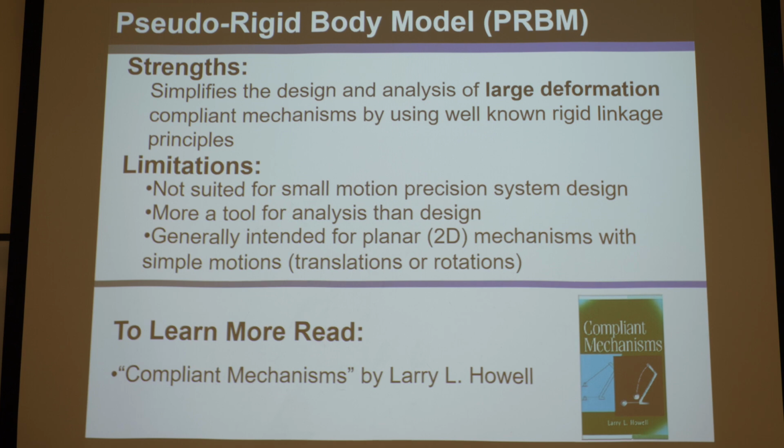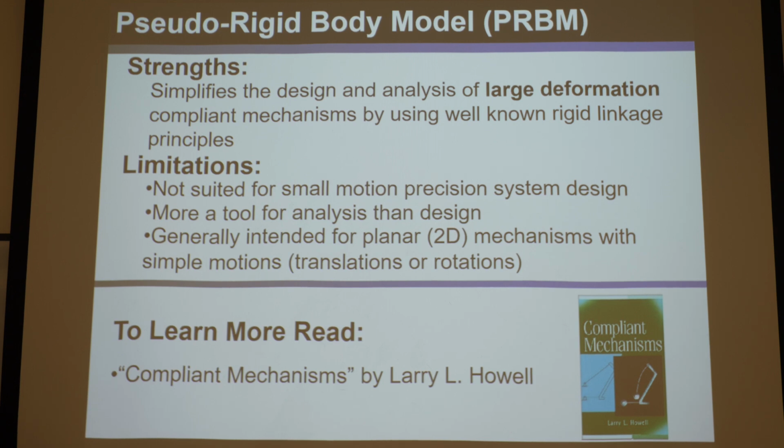Okay. The other thing is the designs, of course, that are generated by pseudo-rigid body model look like linkages with just compliant joints replaced in the traditional rigid mechanisms, right? So you can tell when something's been designed by topology optimization because it looks like a weird, organic, non-intuitive kind of mechanism.